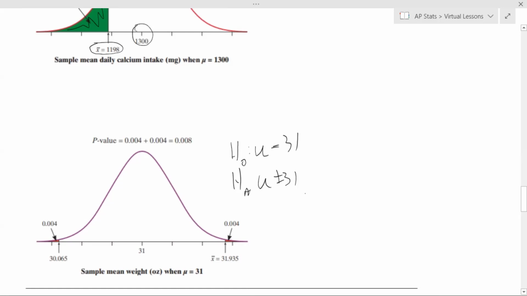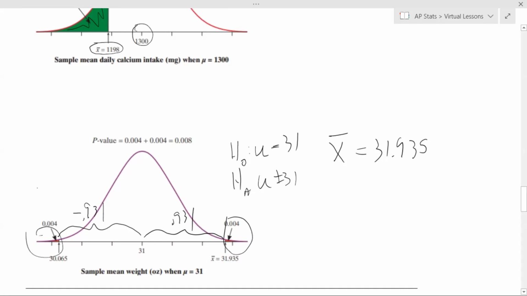So we're looking for evidence in either direction. We got a sample mean of 31.935, okay, which is 0.935 greater than the mean. And so because we're looking for evidence in either direction, we have to go 0.935 in either direction, if we're looking at the graph. And then the probability is the right tail and the left tail, so the p-value was 0.008.